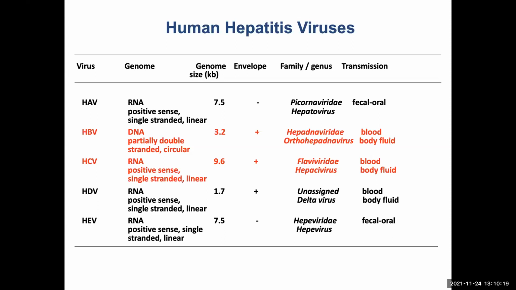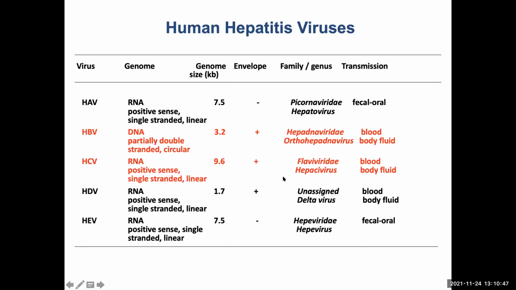HBV transmits through blood and body fluid, and it can cause hepatocellular carcinoma. And HCV is a positive-strand, single-stranded RNA virus with a genome of 9.6 kilobases. The E1 and E2 glycoproteins are the envelope proteins.